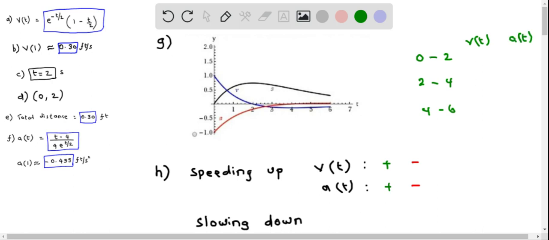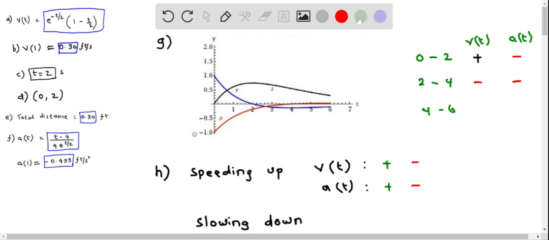From 0 to 2, we observe that the velocity is positive and the acceleration is negative. And from 2 to 4, we see that both the velocity and the acceleration are negative.